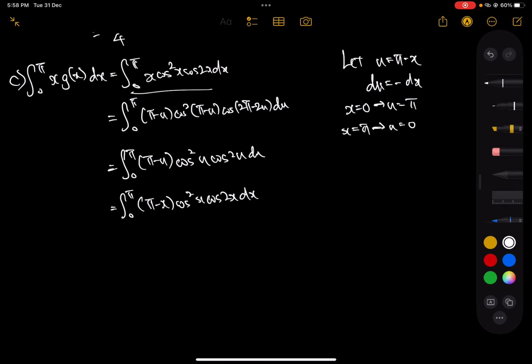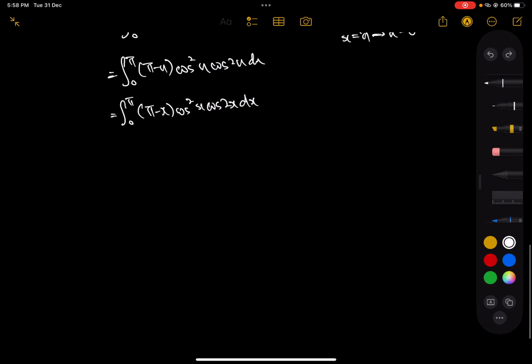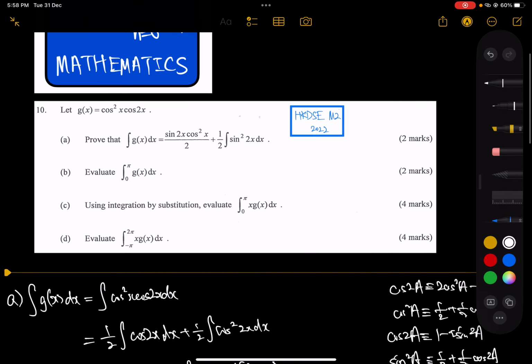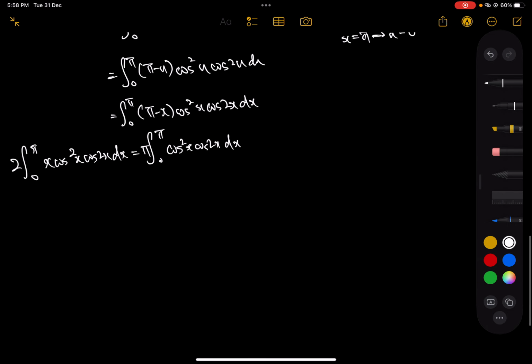So we have this is equal to that, which means two of these integrals is equal to 0 to pi of cosine squared x cosine 2x dx, times pi, which is just pi times the integral in b.